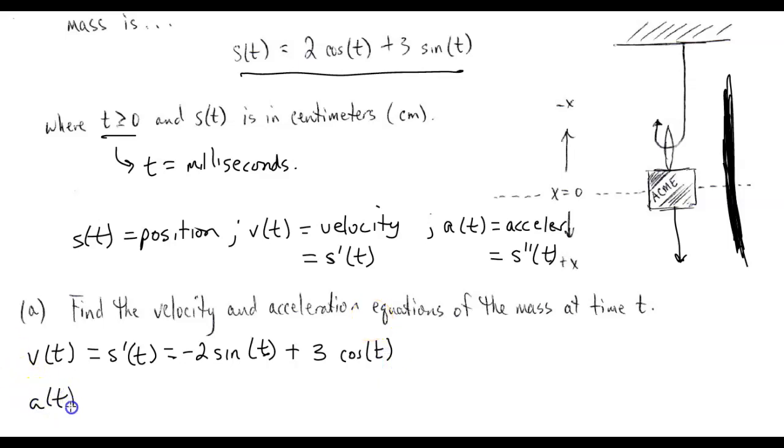To find the acceleration, we need to find the second derivative of our position function, or the first derivative of the velocity function, which is essentially we take the derivative of the derivative.